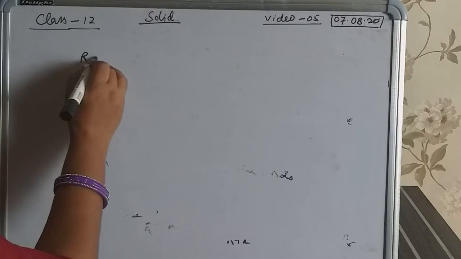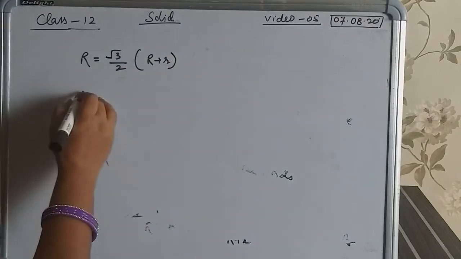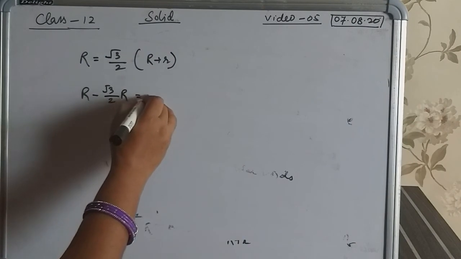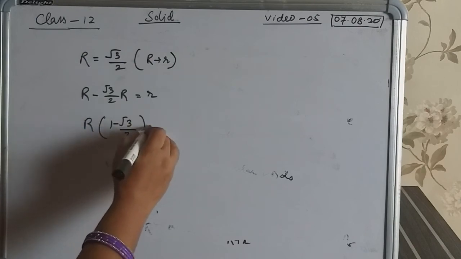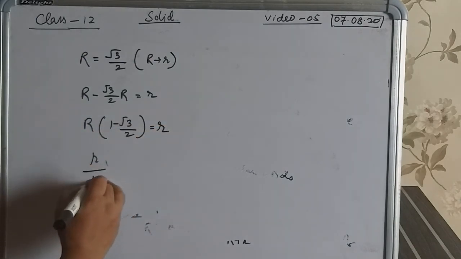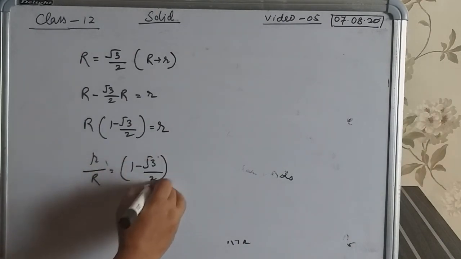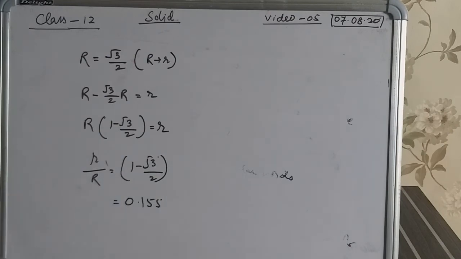Now we know R equals root 3 by 2 times (r plus R), and collecting terms, 3 by 2 R equals r, so r by R equals 1 minus root 3 by 2, and it becomes 0.155. So in this way you can easily find the radius ratio of tetrahedral, octahedral, BCC, and so on.